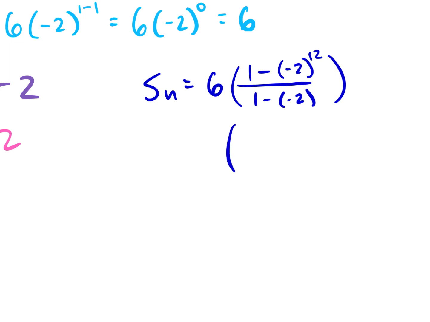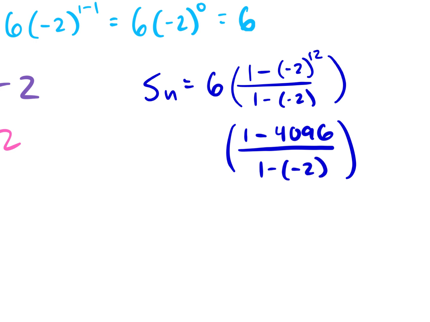So first thing I want to do is the parentheses. So I'm going to do the top of the parentheses. So negative 2 to the power of 12. That would be 1 minus positive 4,096 over 1 minus negative 2.